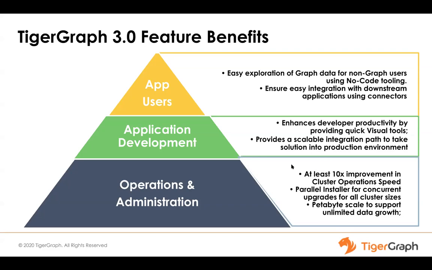What that means from a benefits perspective is that with 3.0, you can expect at least a 10x performance improvement on common cluster operations. This includes configuration management, installation, and upgrade of software. All of these, because of the new architecture, are turbocharged in some ways, and you can see a dramatic improvement.